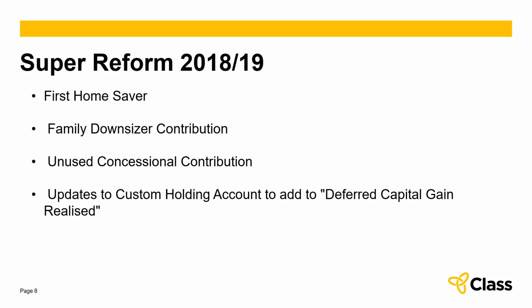The other thing we've done was we've actually updated the custom holding account to add the deferred capital gain realized. So that was one of the remaining pieces of work that we needed to do to make sure that for those that are selling and realizing deferred gains, as part of selling their custom holding account, you're able to actually enter that number for Class to understand how to treat them as part of the whole deferred gain and CGT relief.